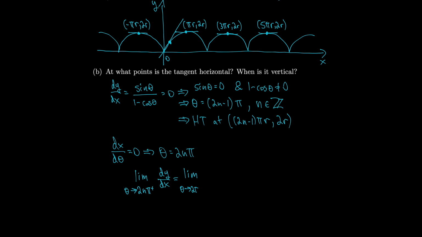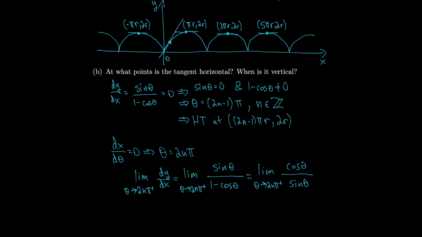So I get sine over 1 minus cosine. But I can do L'Hopital's rule, take the derivative of top and bottom because this thing is indeterminate. So I do that, and I get that the derivative of sine is cosine, and the derivative of 1 minus cosine is sine.